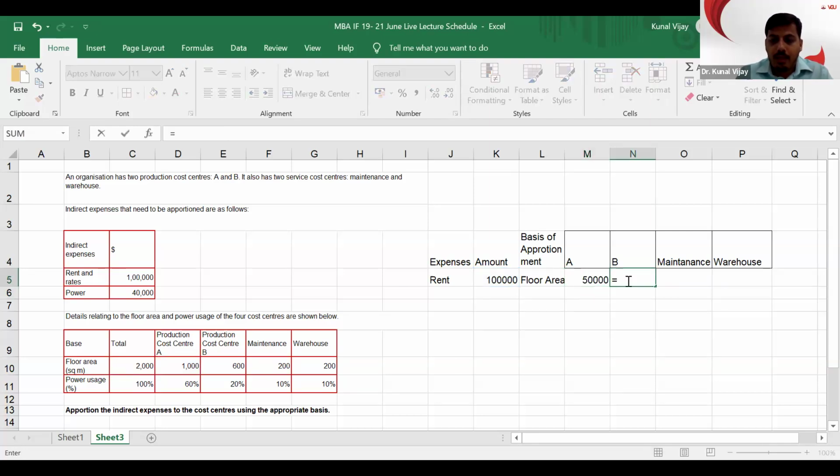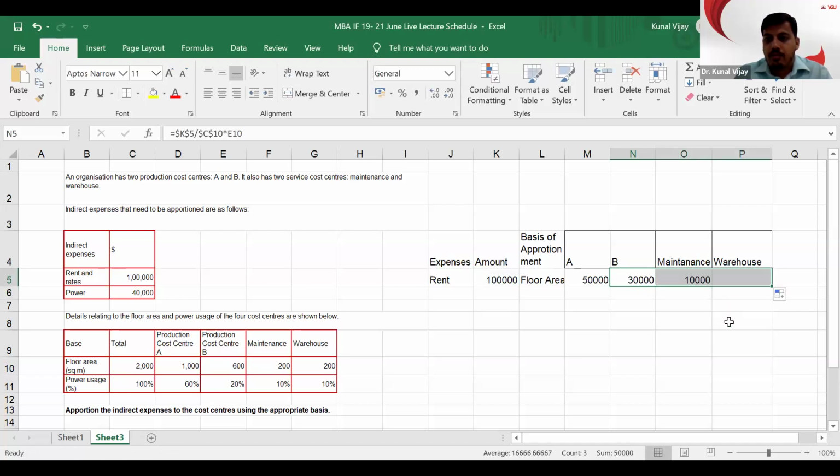In the same way, for B I will calculate 1 lakh divided by 2000 multiplied by 600, which is 30,000.